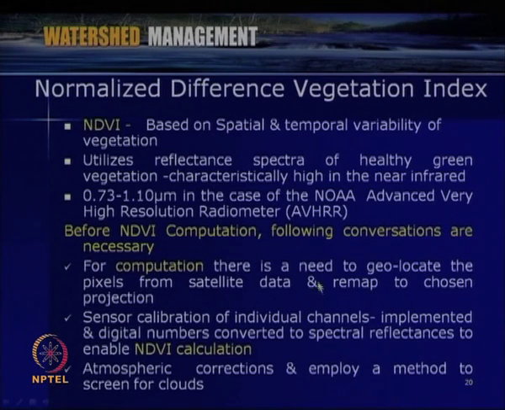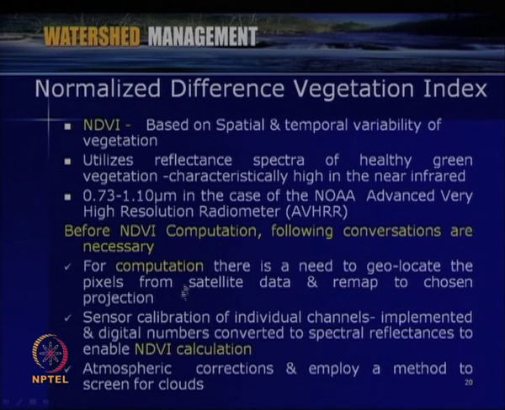So, we have to geolocate the area and the pixels, and then from the satellite data we have to remap to the chosen projections, and then do the sensor calibration of individual channels, and digital numbers are converted to spectral reflectances to enable the NDVI calculations.